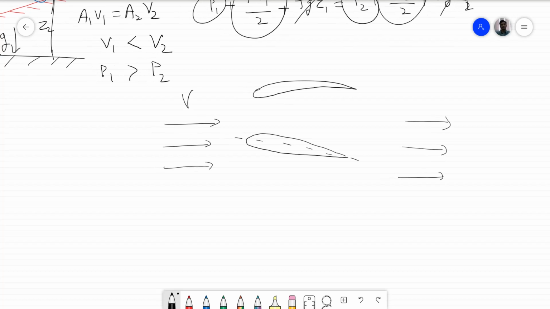Therefore V is the same, and because of the shape of the wing, if you consider this top wing and look at the streamline, the air at the top has to travel more than the air at the bottom. Therefore the velocity at the top has to be more than the velocity at the bottom of the wing.